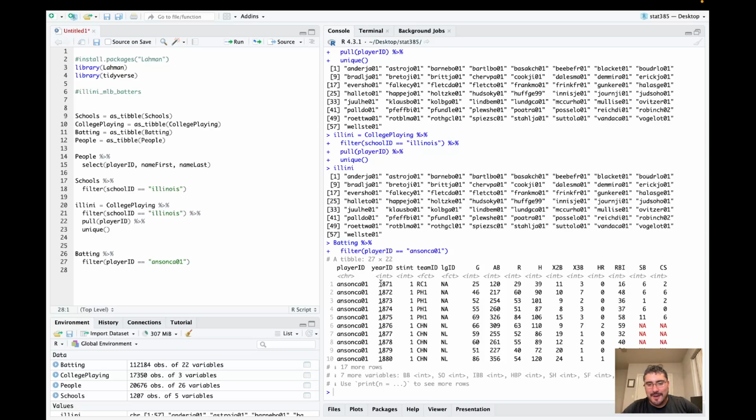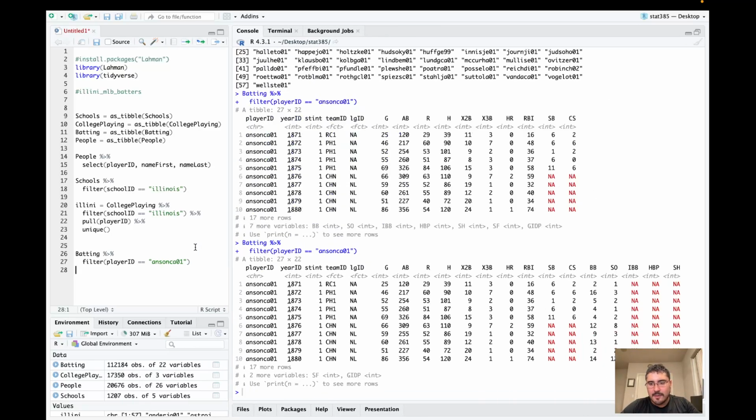So they had records for it. This is going back to the 1870s, and they had records for some of these seasons and didn't have them for others. So there's a whole flurry of NA values throughout these data sets, especially in less important categories. There are a lot of NAs in the data set, and we are going to want to get rid of them. Let me zoom this out a little more. You can see there's a ton of them.